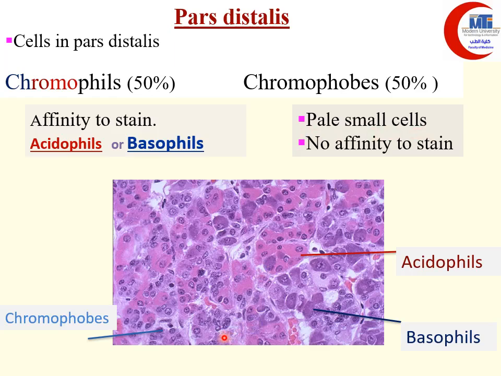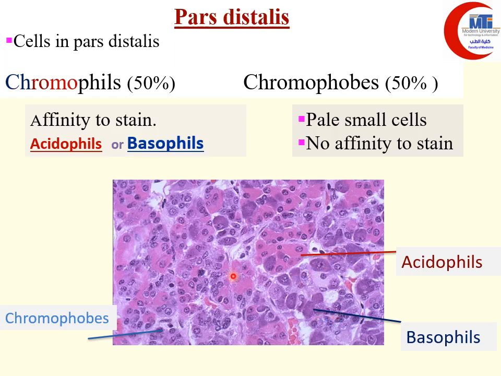This is a light microscopic picture of the pars distalis of the pituitary gland, showing that the cells are chromophobes, small pale stained cells, as these cells have no granules or few granules inside, or acidophils, which have affinity to acidic stain, and basophils, which have affinity to basic stains.